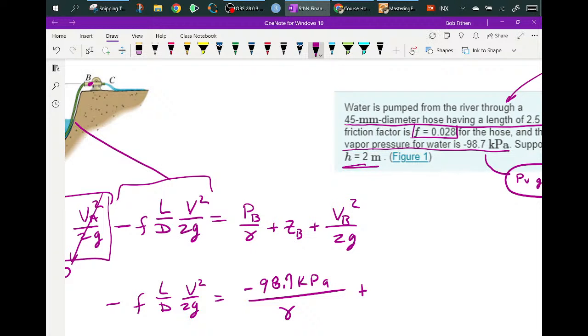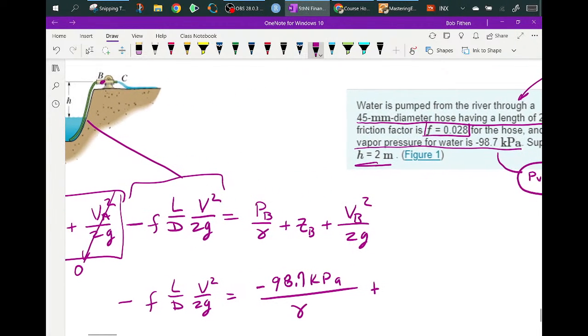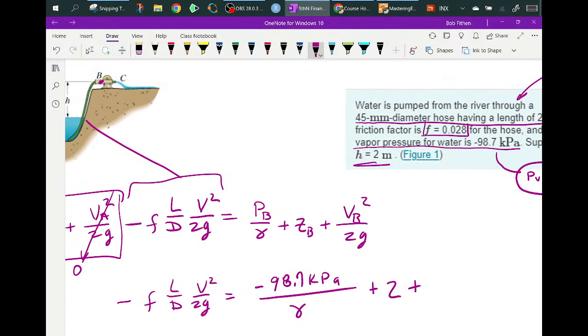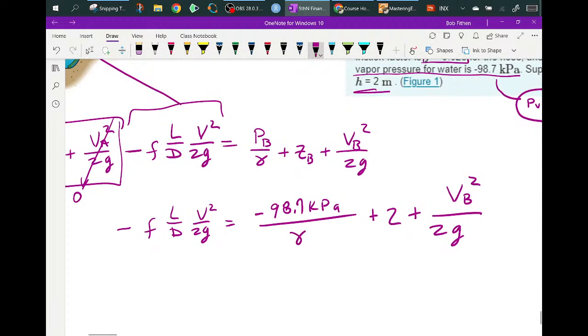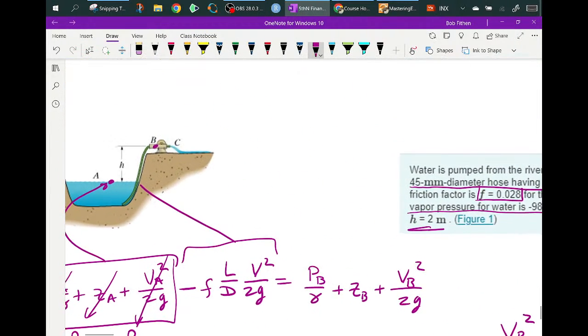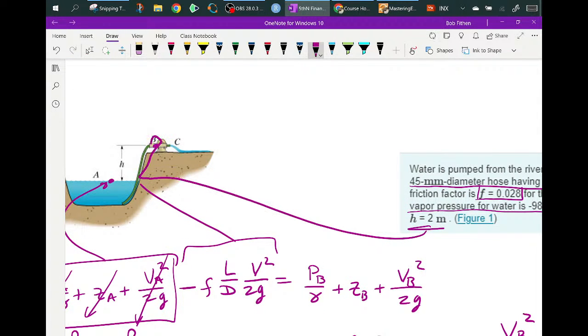He has told us h is 2 here. 2 plus velocity at B squared over 2g. Turns out the velocity in the pipe and the velocity at B are the same thing. So what you end up with, this 2 meters, is the fact that he told us that B was 2 meters above A.